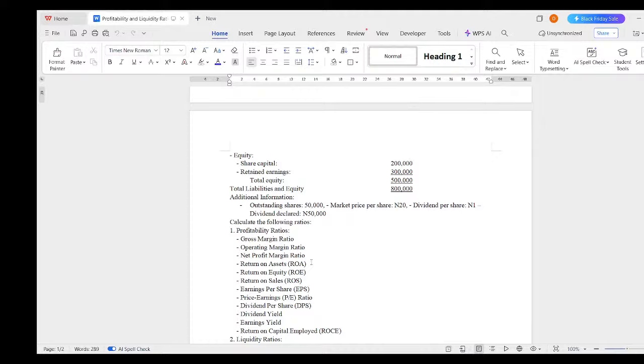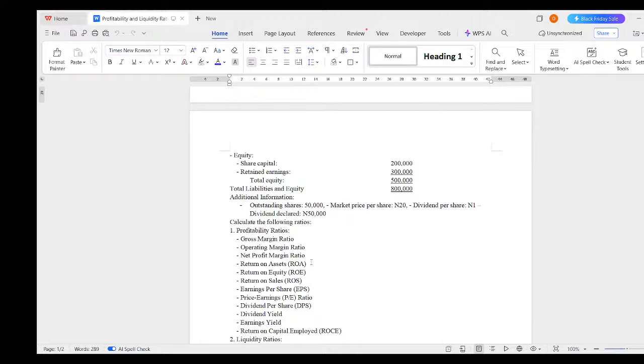Profitability ratio, gross margin ratio. Now, in the profitability ratio, we are going to calculate gross margin ratio, operating margin ratio, net profit margin ratio, return on asset ratio, return on equity ratio, return on sales ratio, earnings per share, price earnings ratio, dividend per share, dividend yield, earnings yield, return on capital employed.